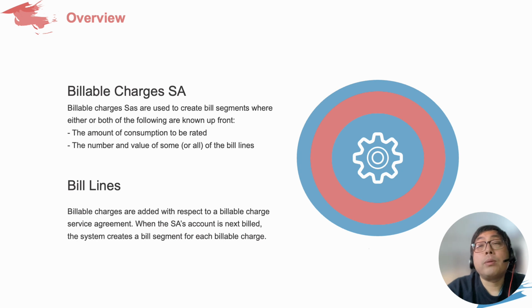And a billable charge line is translated to the bill segment as it is, because these lines could be already calculated by the agent and they just give it to us, and we, as the utility, just put them directly onto the bills.